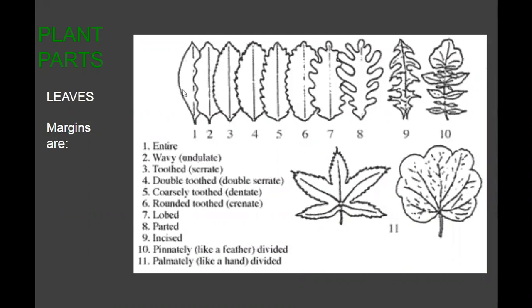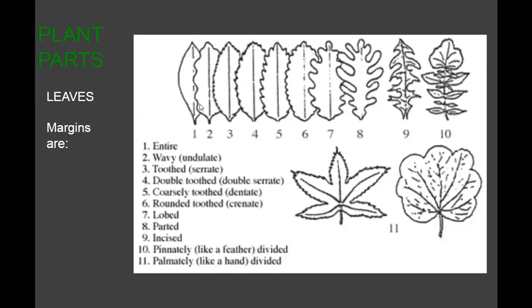Entire means the margin is smooth and uniform, completely connected. Think of a ficus leaf, that's just one smooth edge. I can't think of any native plant that comes to mind at the moment that has an entire margin.